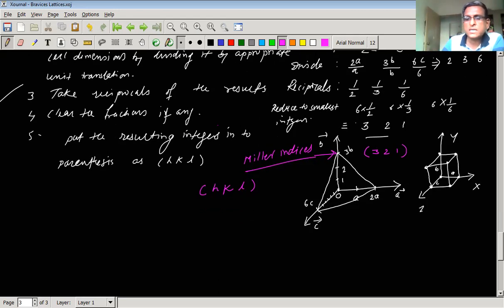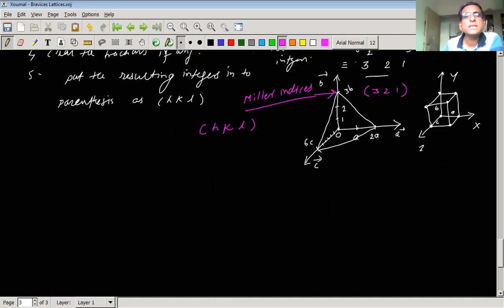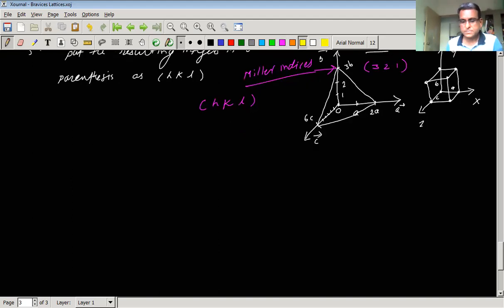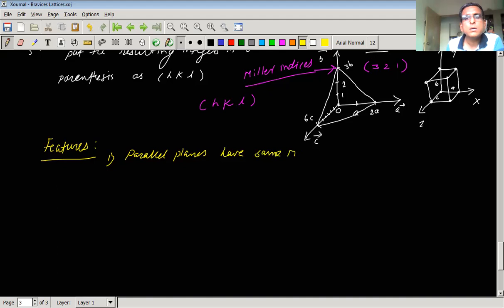Now there are certain features of the Miller indices that we would like to discuss. So first, features of Miller indices: parallel planes have the same Miller indices.